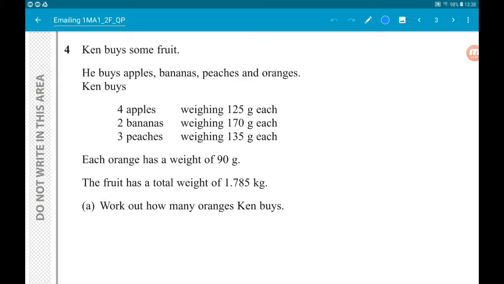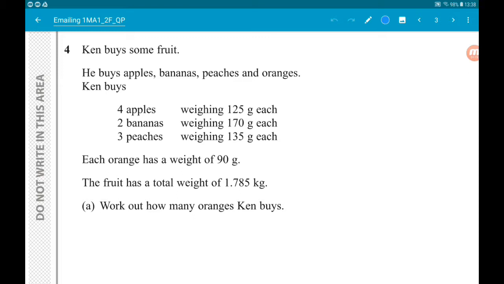What we need to do is work out the total weight of the apples, bananas, and peaches. Take that away from the total weight, and that gives us the weight of all the oranges, and then divide that by 90 to work out how many oranges he bought.